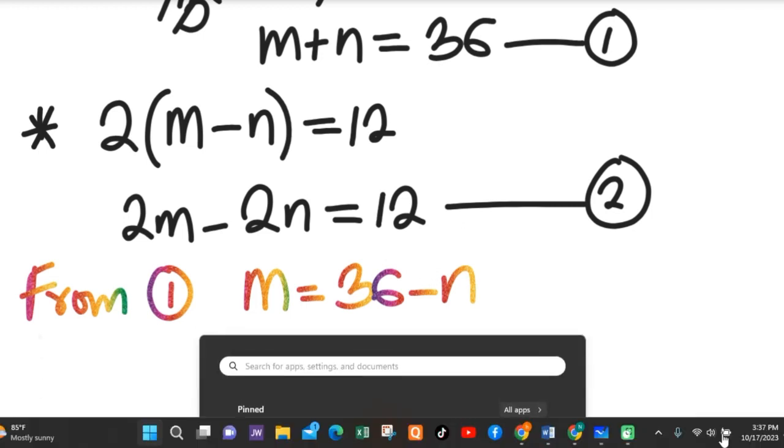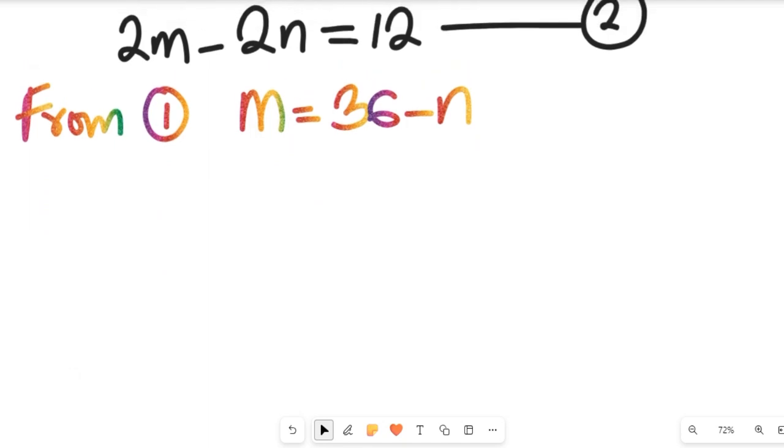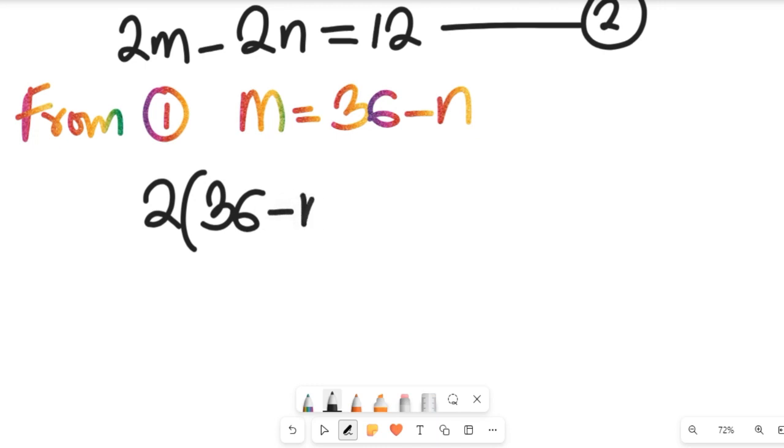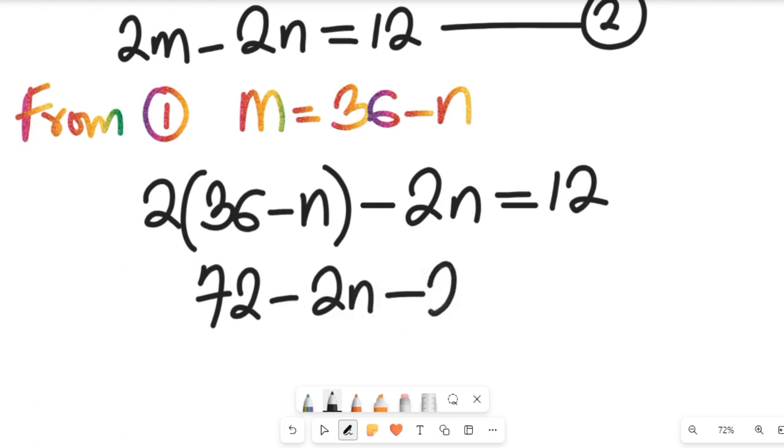If you substitute that value of m equal to 36 minus n into equation 2, that expression will give us 2 multiplied by (36 minus n) minus 2n, and this will be equal to 12. So 36 times 2 is going to give us 72. 72 minus 2n minus 2n is equal to 12.